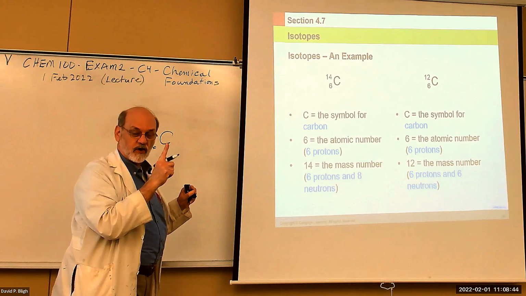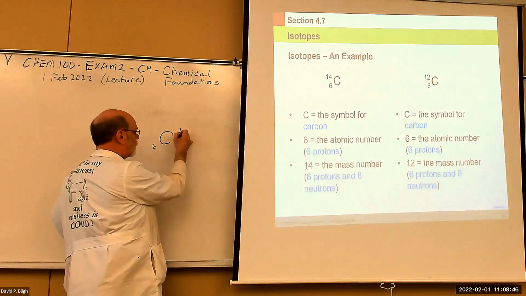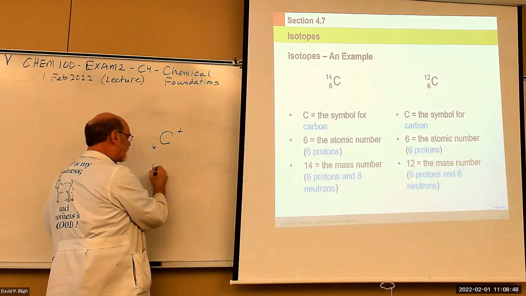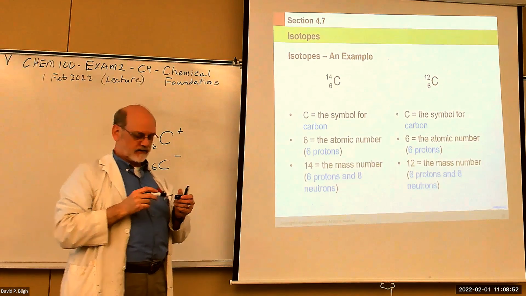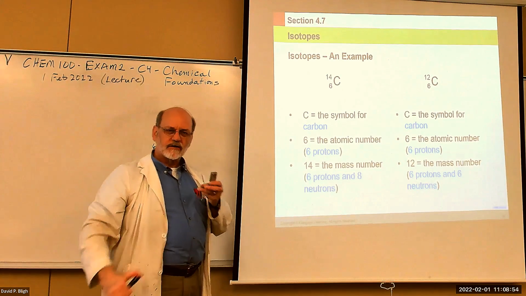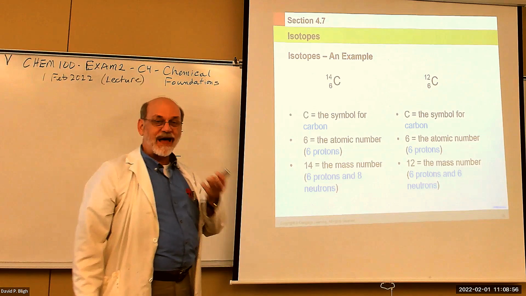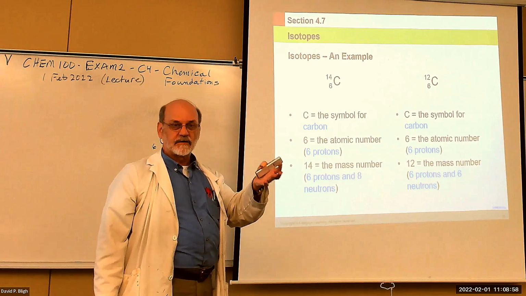You have a +1 charge. There's an imbalance. Or if you add an electron, now you have 7 electrons. So the charge on an ion is based upon the balance of protons and electrons.